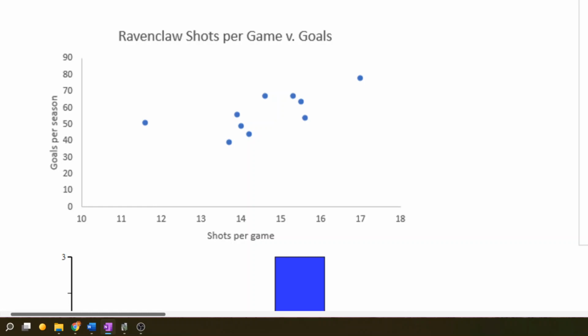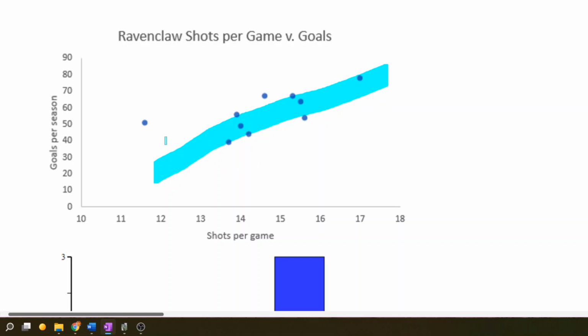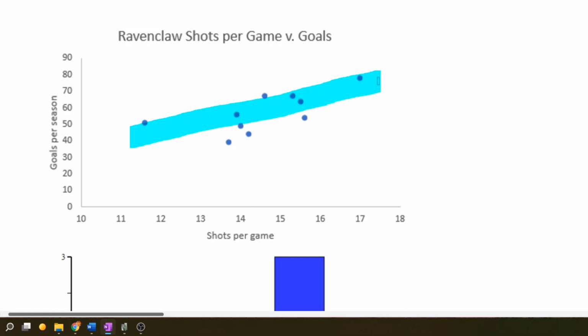That's going to give us about 80 goals per game. So it does look a little bit like a positive linear relationship. This one game right here puts a little bit of a wrinkle in it, but no matter. We still see a positive linear relationship. Certainly this point right here is a bit influential.